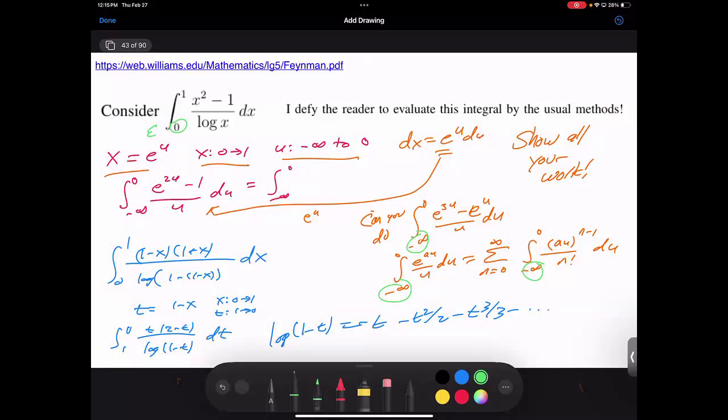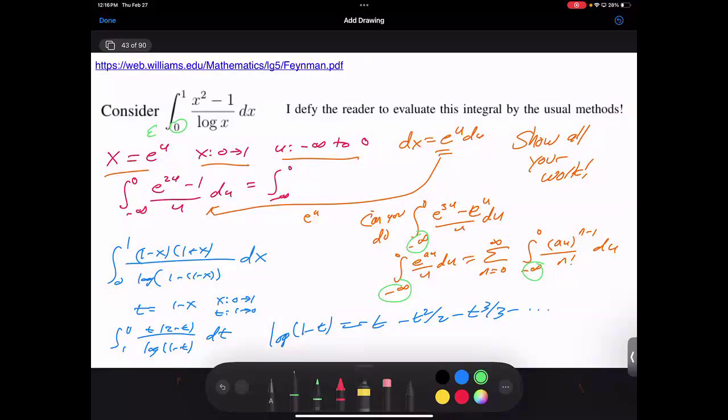And then all these integrals would be finite. We have the n factorial, that's plenty of convergence. So maybe you could try to play some games like this. I'm trying to justify his challenge.